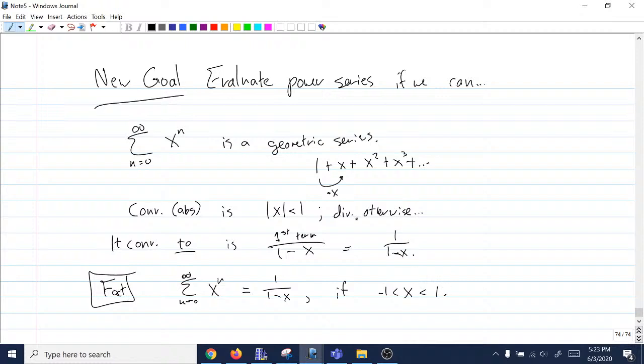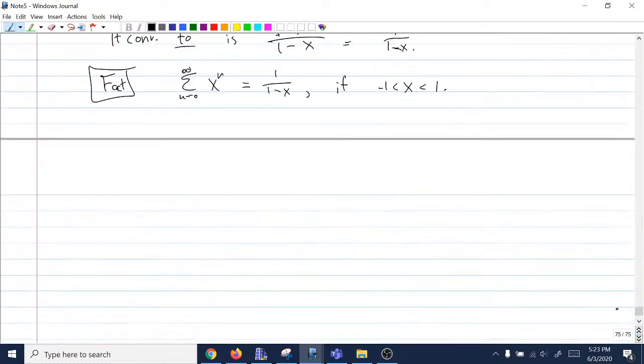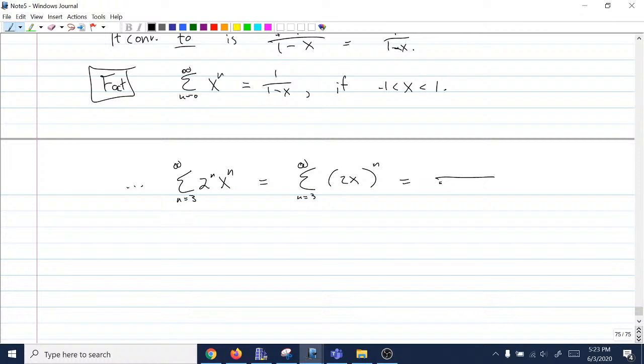This lets us evaluate a few other series. If you hand me the sum of 2 to the n, x to the n, well, since I can rewrite that as (2x) to the n, I can tell you that this is going to converge to the first term. This series weirdly starts at n equals 3, so the first term is 2x cubed over 1 minus our growth factor, here 2x.